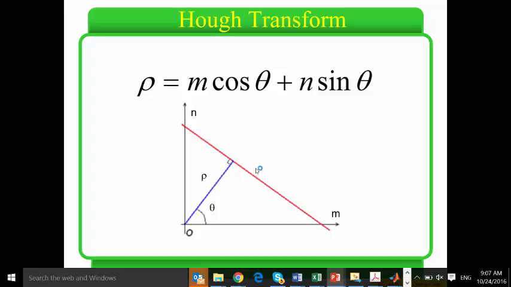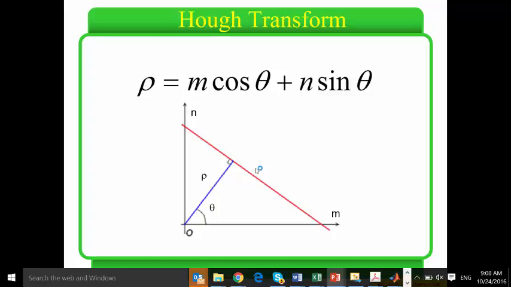Now let's look at something like this. Who can tell me how we can prove that rho is equal to m cosine theta plus n sine theta? I'll give you a hint. Take a perpendicular distance from this point to this part.